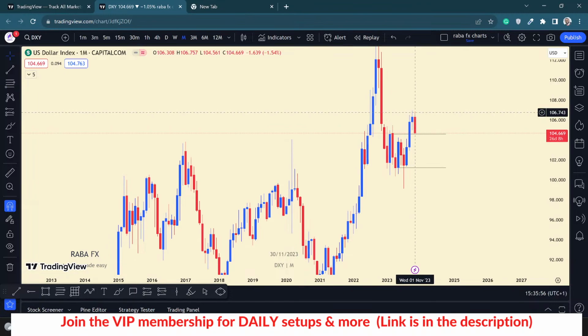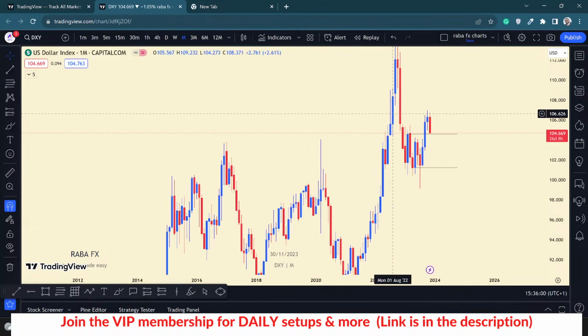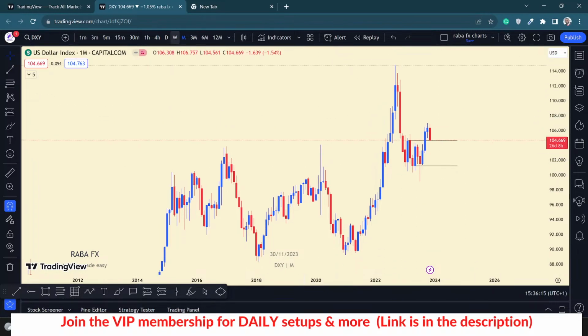Now the move back down, to me, is not caused by anything on the monthly, because we are not rejecting any opening price, right? So we have to wait and look at the lower time frame for more clarity, but we know that the monthly is bullish, so we are going to be looking more for the bullish move when price gets to these levels on the monthly.